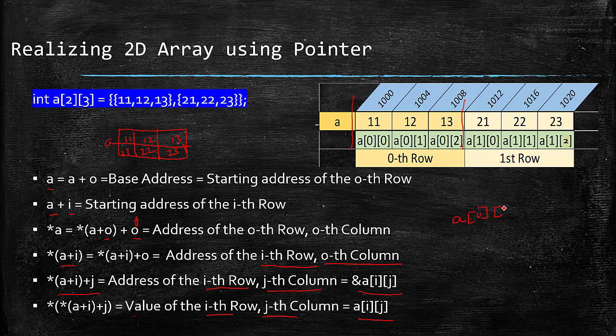The value of the Aij cell can also be retrieved using the notation star of star of A plus I, plus J. We can use either notation, but we generally prefer this one for simplicity.